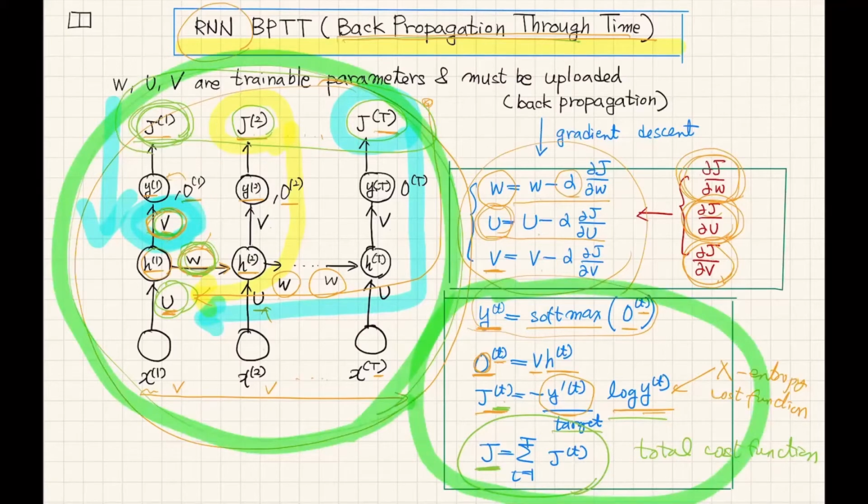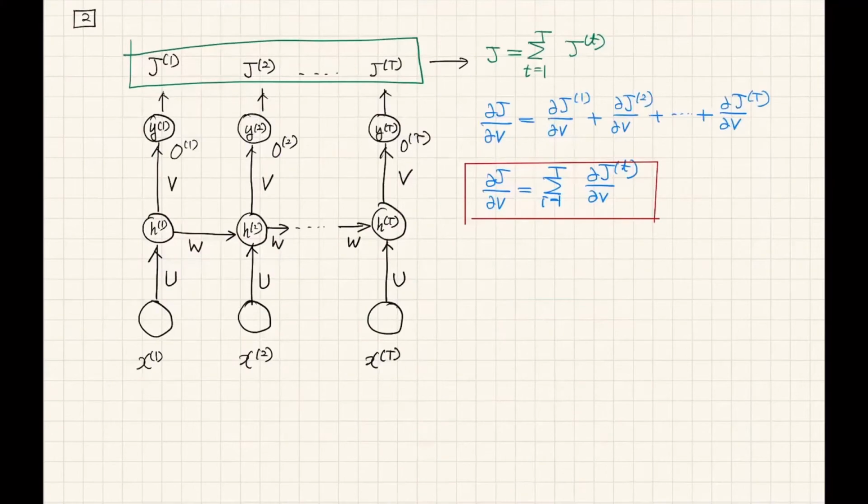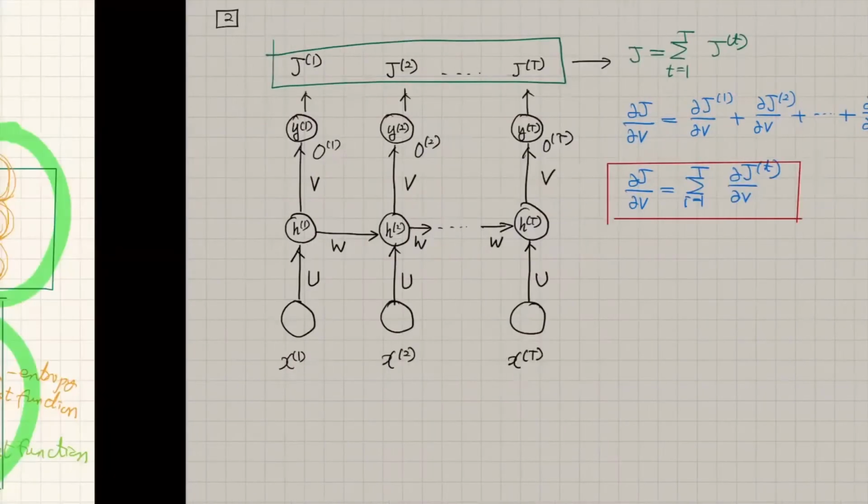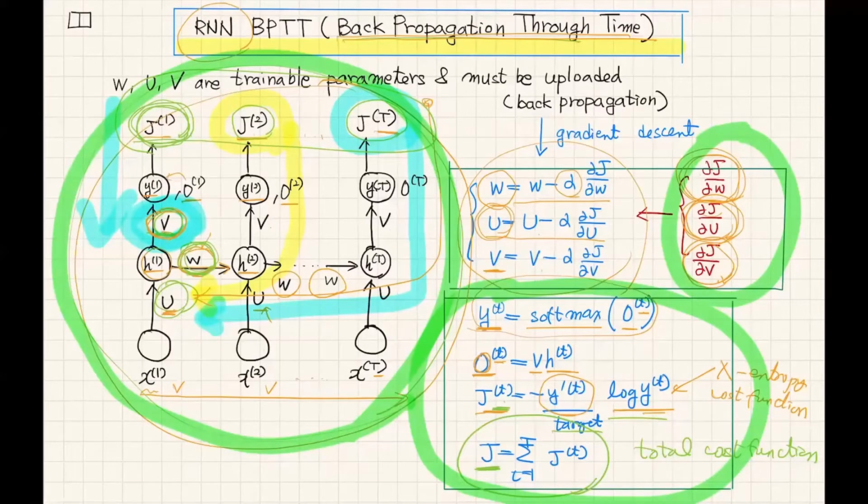What we're going to do is derive the derivative of this cost function with respect to the unknown parameters U, V, and W. That is going to be the sequence of our class today. Once again, this is the overview of the RNN backpropagation through time. I'm going to go step by step today, so be patient.